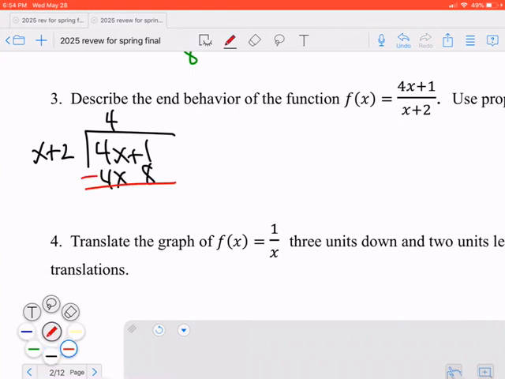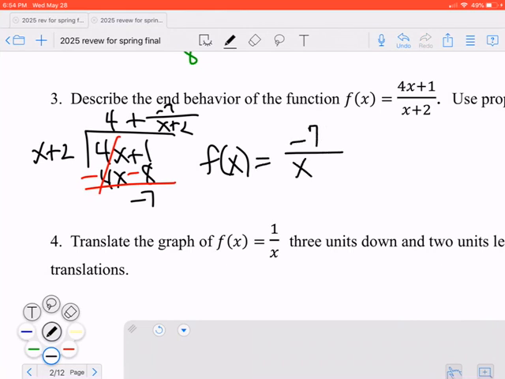Draw the line, switch the signs. Those add to 0. 1 minus 8 is negative 7. So we have plus negative 7 over x plus 2. I'm going to write this normal, put the fraction first, negative 7 over x plus 2, and then we have a plus 4.